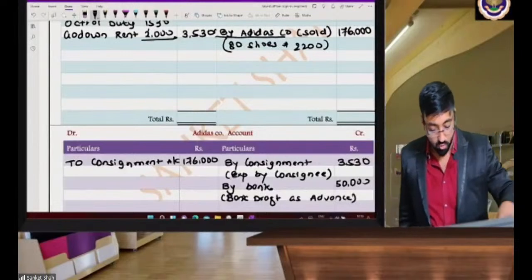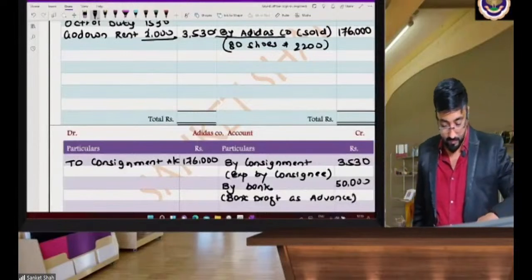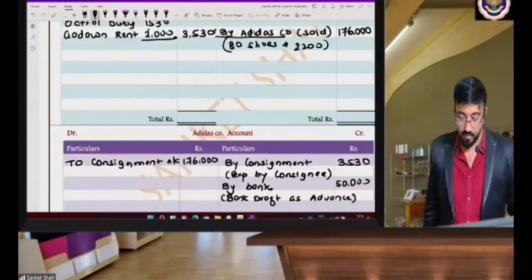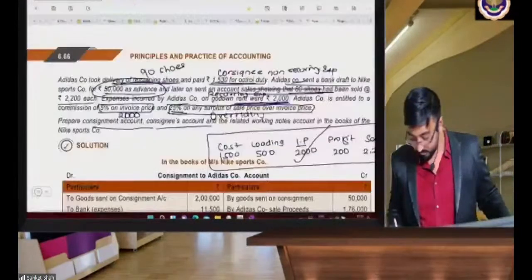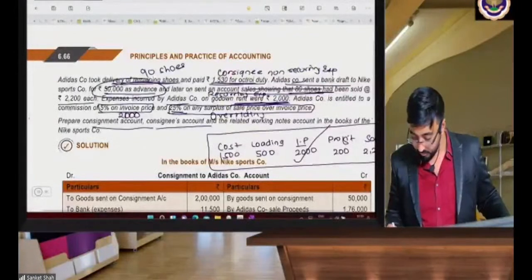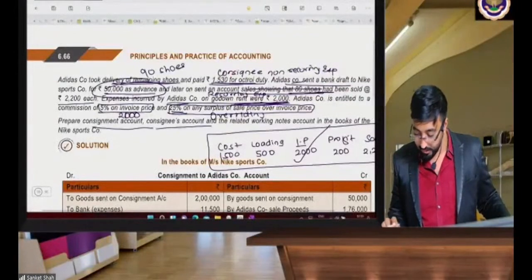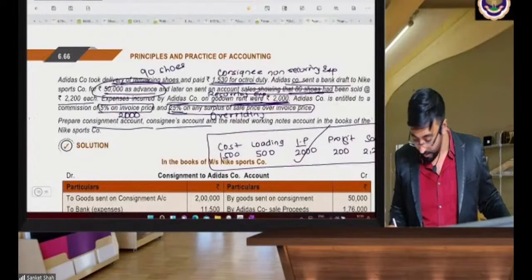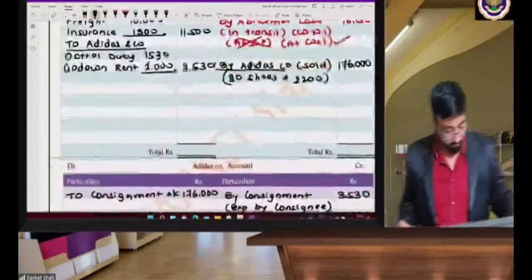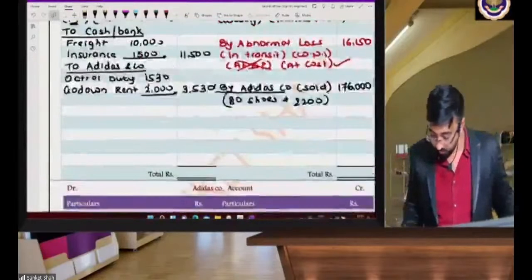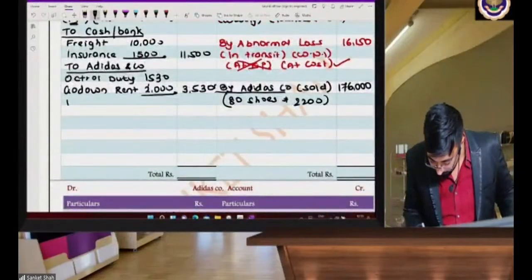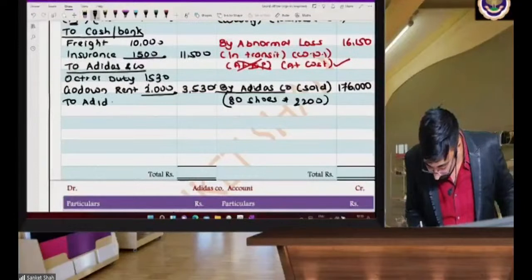Beta Nimish Kothari, wait for some time. So here Adidas company rent 2,000 over. Now commission. So working note number 2. Again, to Adidas and company, in bracket commission.